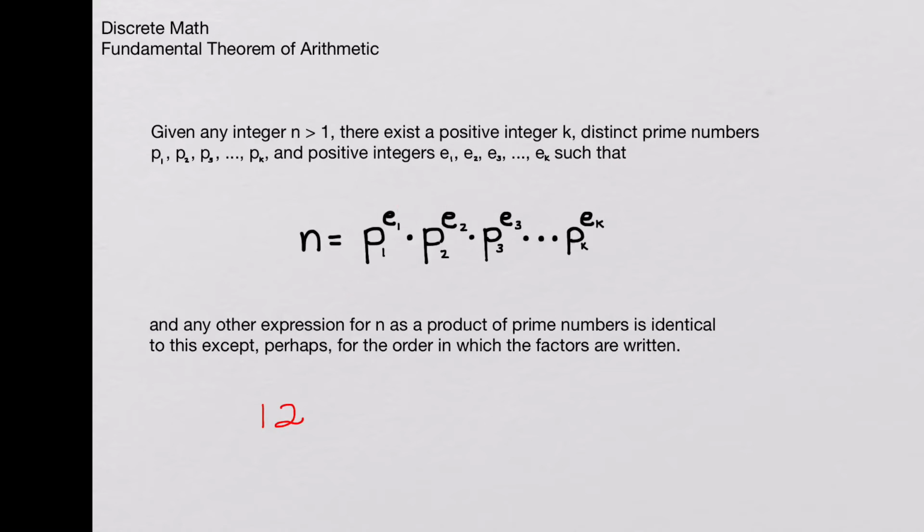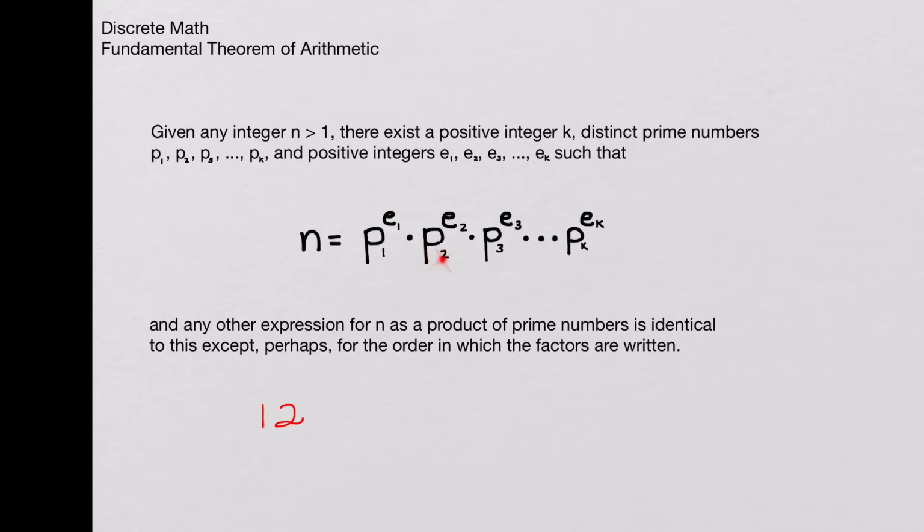And this says that n is equal to p sub 1, so my first prime number, whatever it happens to be, maybe it's 2, maybe it's 3, who knows, to a certain power, e sub 1. So if I have a 2 here, it's to some power, maybe it's to the 5 power, we don't know yet.